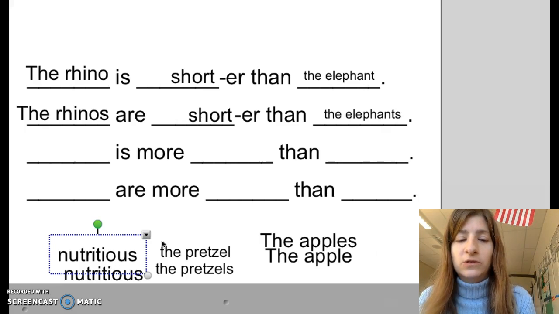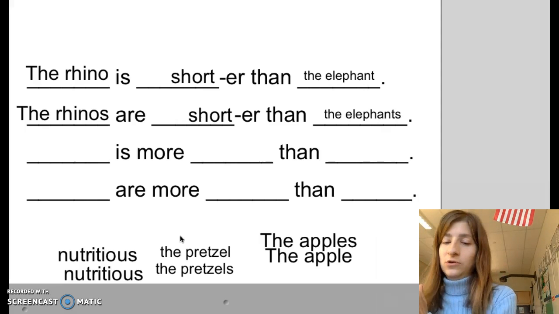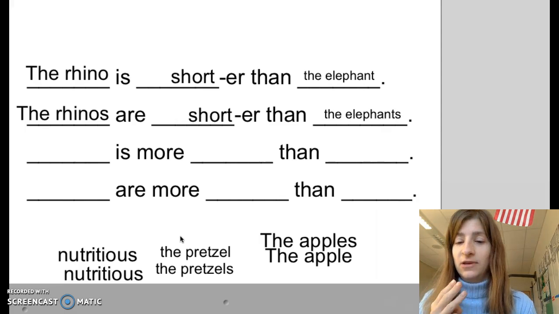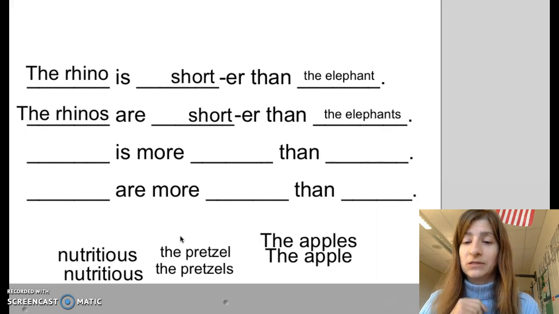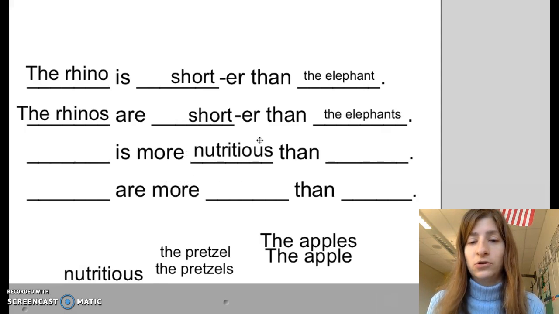So I'm going to use nutritious. If I tap that or clap that out, nutritious, that has three parts or three syllables. So it's a longer word. I don't want to say nutritiouser because it's already a long word. It's easier to say more nutritious.